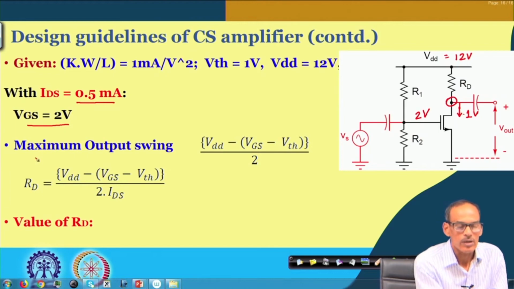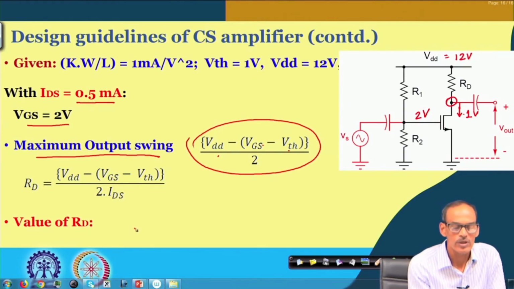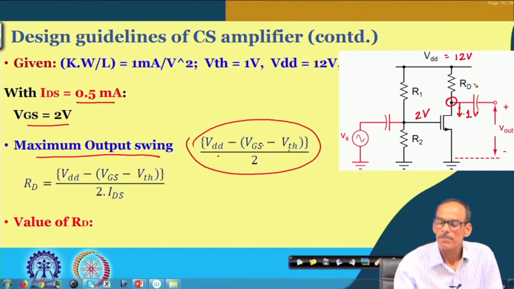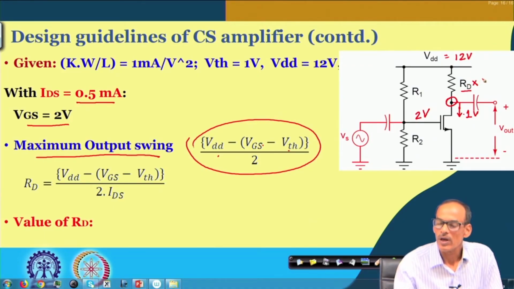and that will give us the maximum swing. So, for the maximum output swing, which we already have discussed, the lower limit is VDD minus VGS minus VTH. To obtain this maximum output swing, what we can do? We can target this quiescent voltage to be half of these 2 limits. In other words, this IR drop, namely RD into IDS, should be such that this voltage is in the middle of these 2.